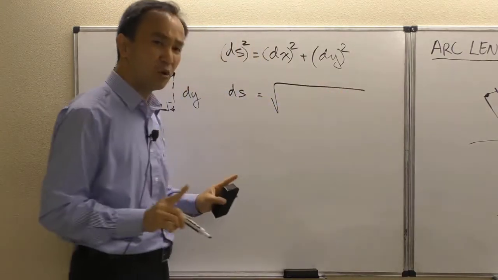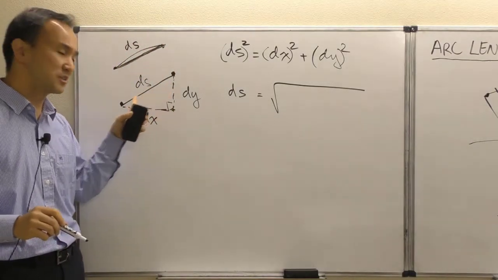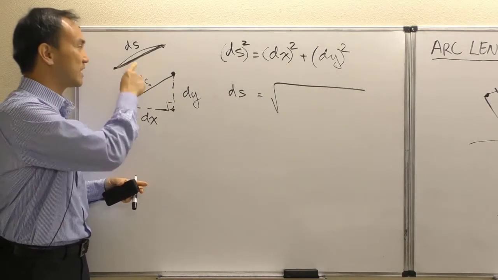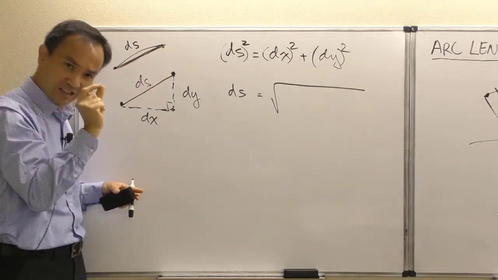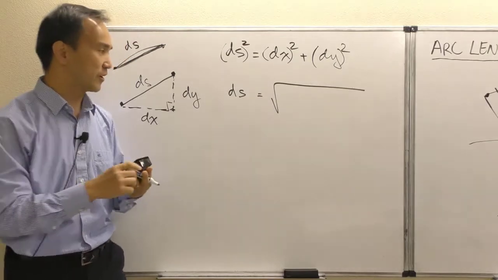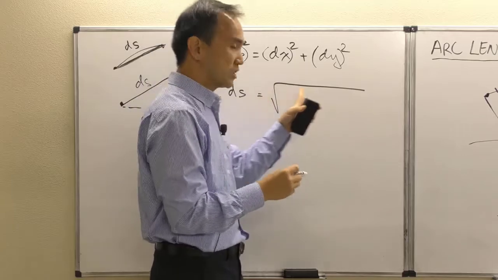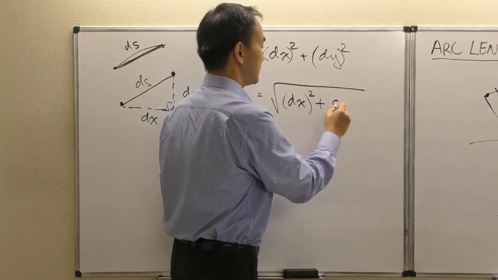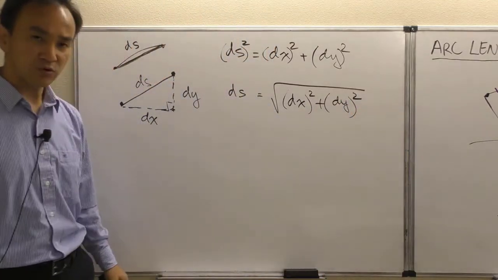Everything I'm doing here, as a reminder, is at the level where the ds segment is infinitesimally small, so that there's no difference between whether it's bent or straight. That's the main idea, one of the big arguments right there. So at that microscopic level, each ds equals the square root of (dx) squared plus (dy) squared.